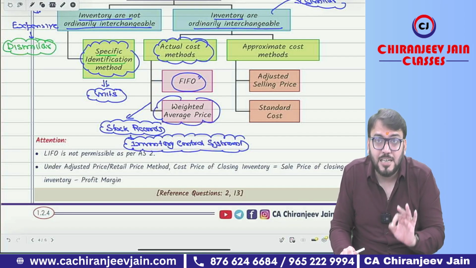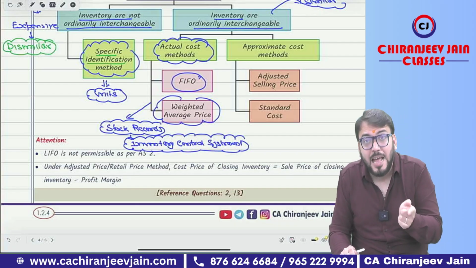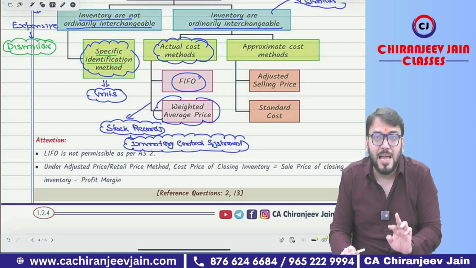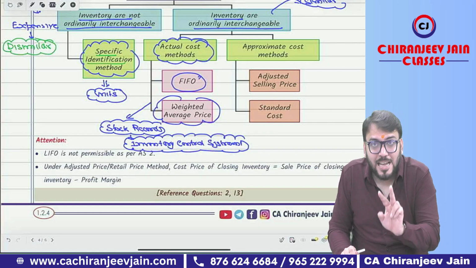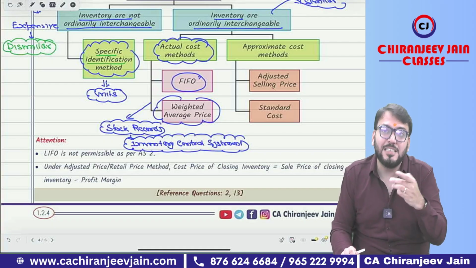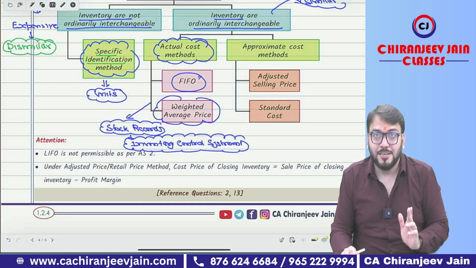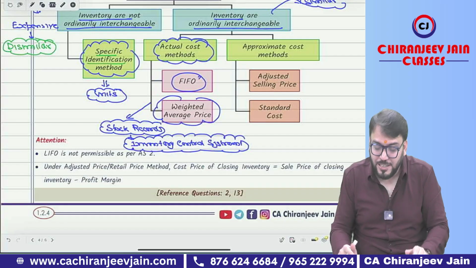If you are not able to determine actual cost, then calculate approximate cost by applying two techniques for inventory valuation. They have given two techniques in case you are not able to apply FIFO or weighted average price method. What are the two techniques we need to understand?